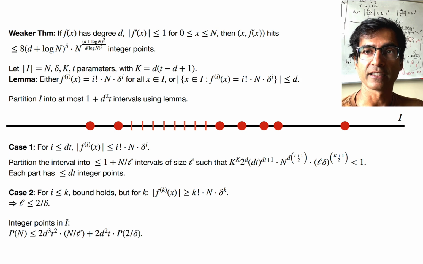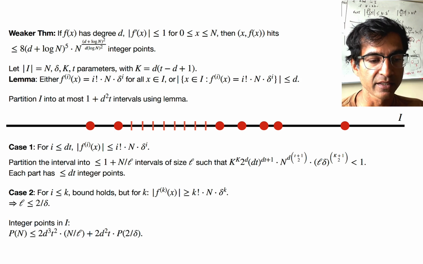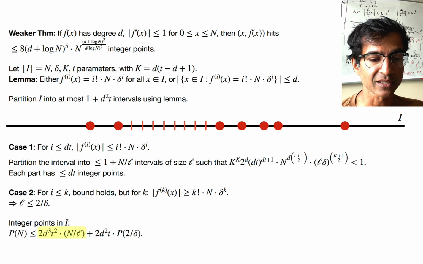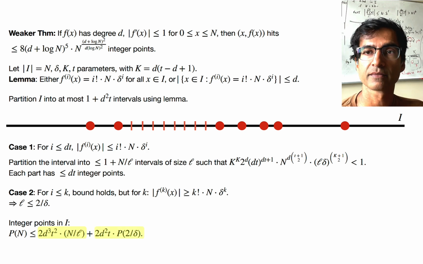The number of integer points in an interval of length n is bounded by the total number of integer points we find from case 1, which looks like this, plus the number of integer points we get from case 2, which looks like this. In case 2, we simply recurse the argument on the smaller interval of size 2 over delta.